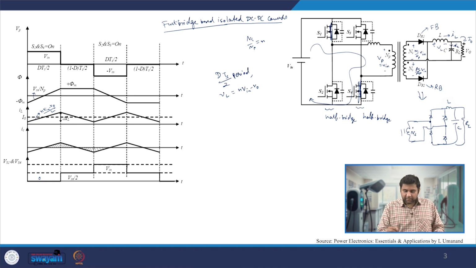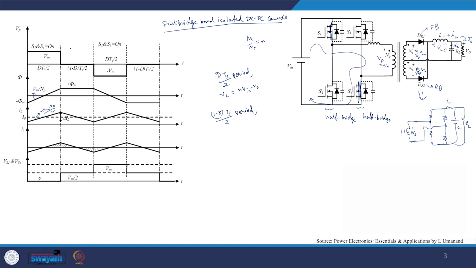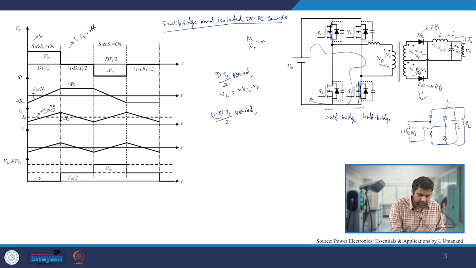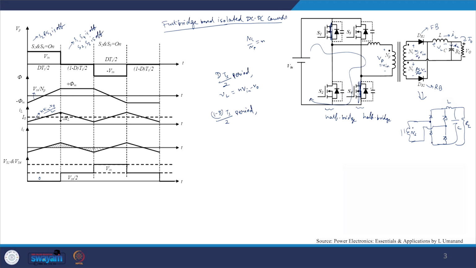Then in the next 1 minus d Ts by 2 period, what happens is that S1 and S4 are off, and since S2 and S3 are already off, all the 4 switches are off.